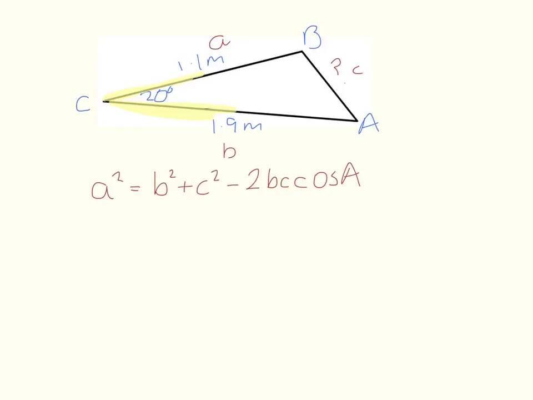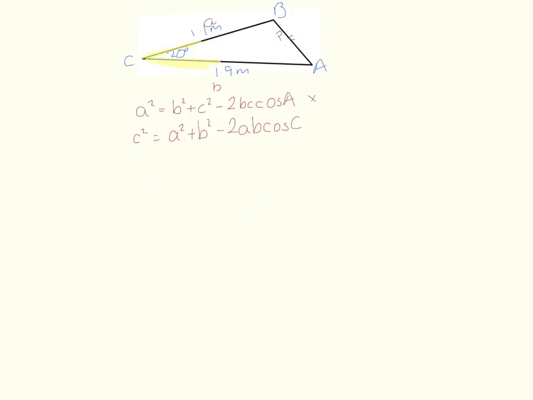Instead of being a squared, it's going to be c squared equals a squared plus b squared take away 2ab cos C. So I've just interchanged the a's with the c's in this circumstance. I couldn't use this formula here because it doesn't map with what I've got in this diagram here.